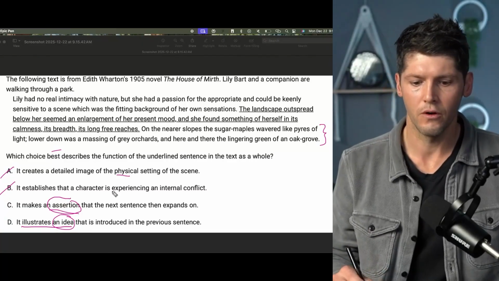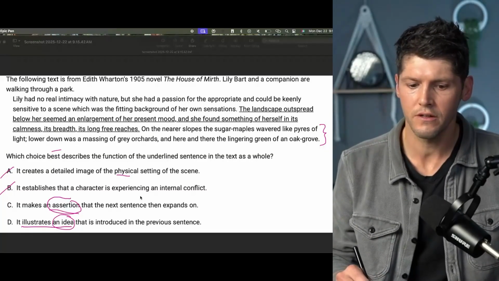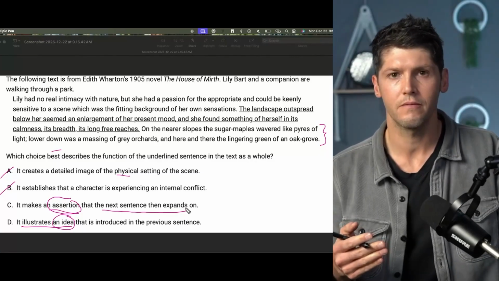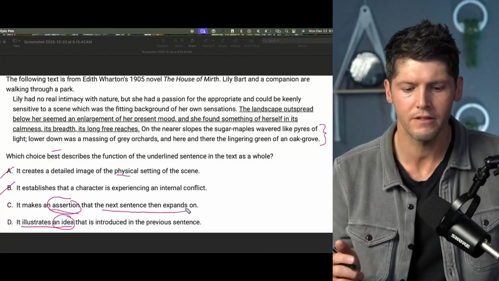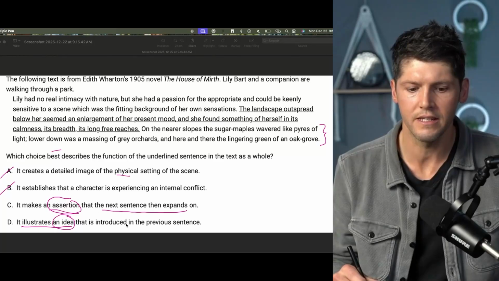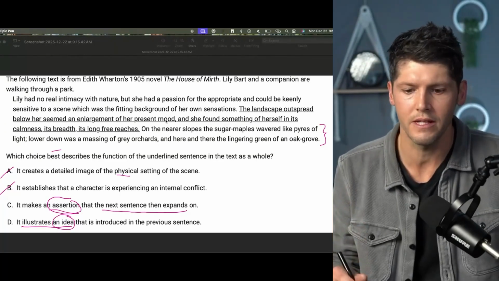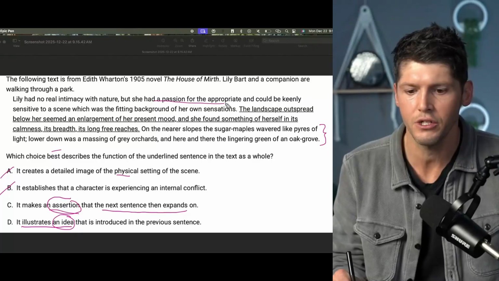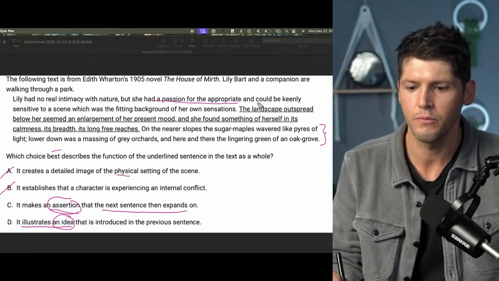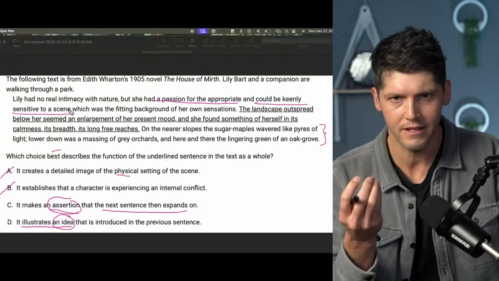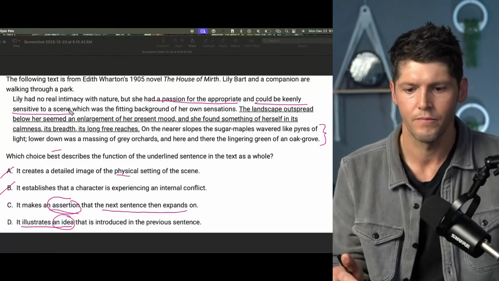Okay, so is there an assertion here that this next sentence expands upon? Maybe a little bit, but if you think about answer choice D, what is the idea or even the assertion from the previous sentence? Well, whatever it means for her to have a passion for the appropriate and could be keenly sensitive to a scene, meaning that you could pay attention to a scene.